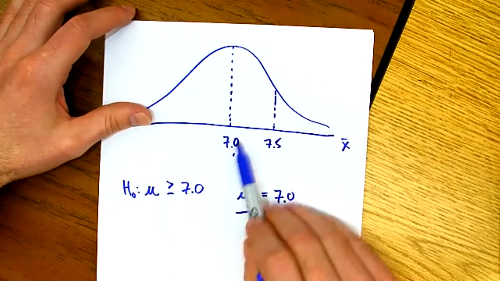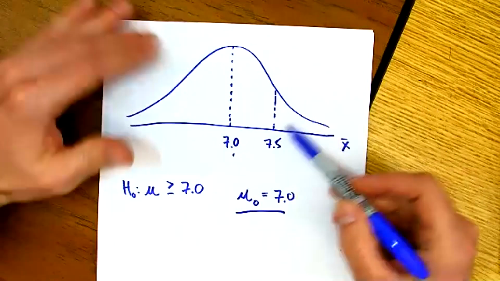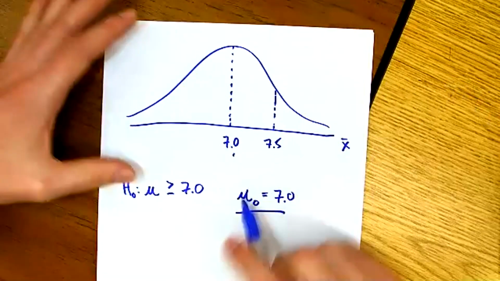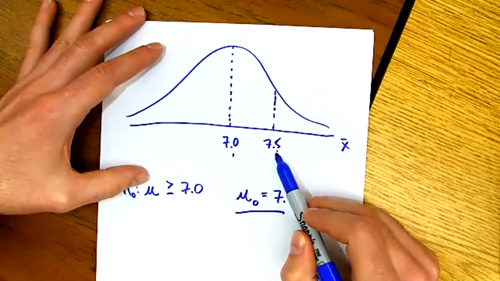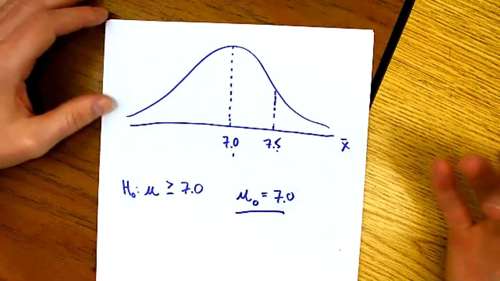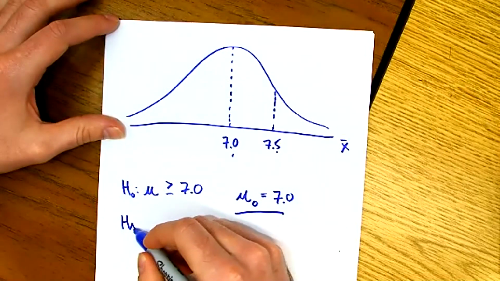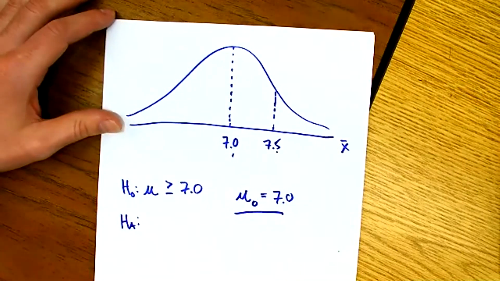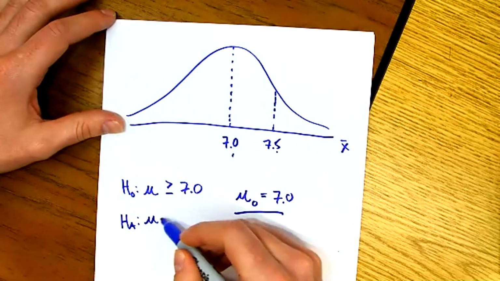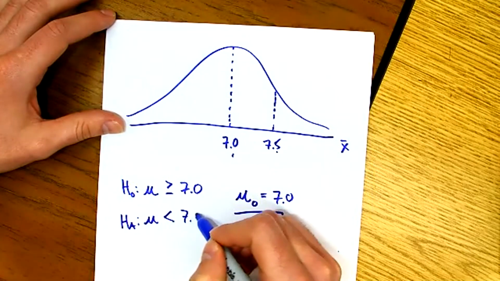That the true mean, in fact, is 7 or something higher. So I'm going to fail to reject the null. This is evidence that would support the null. Okay? My alternative hypothesis is going to be the complement of my null, which would just be that the true mean is, in fact, less than 7%.